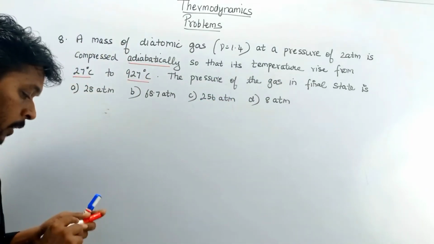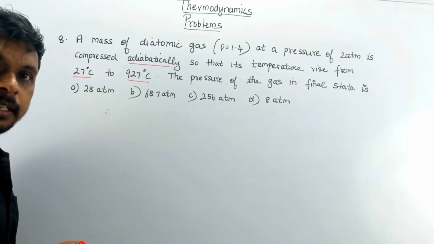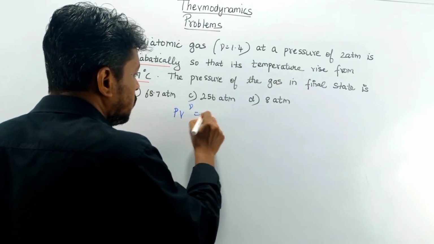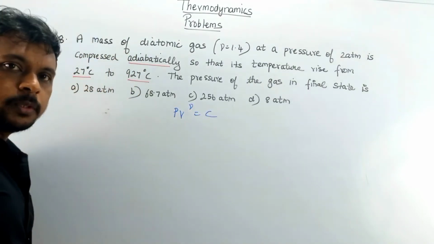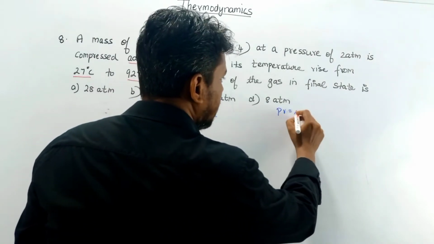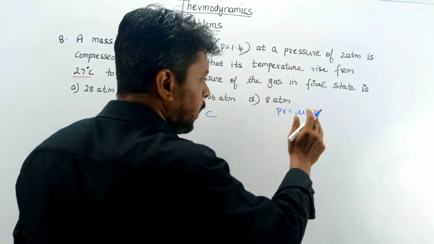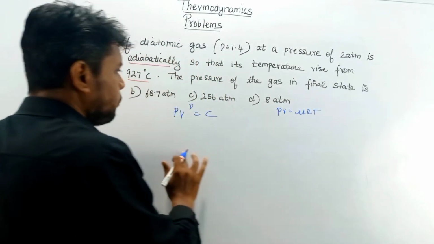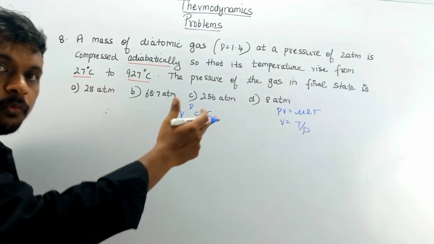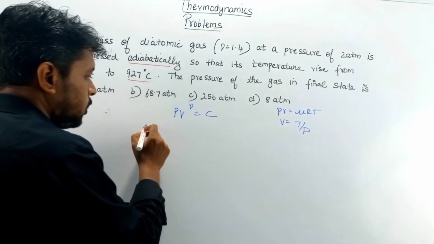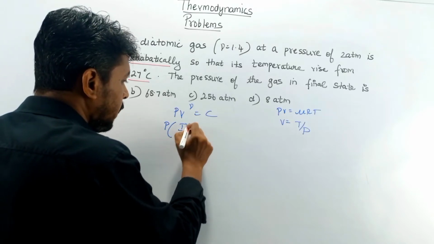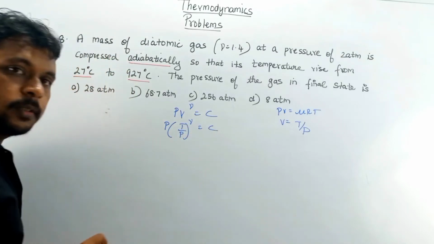Okay. So in the case of an adiabatic process, we know the equation PV to the power gamma is equal to constant. So the pressure-volume relationship is given in the case of an adiabatic process like this. From the ideal gas equation, you know that PV is equal to μRT. So instead of this volume, I am going to replace V by T by P. So this equation could be written as P times T by P, the whole power gamma, which is equal to constant.